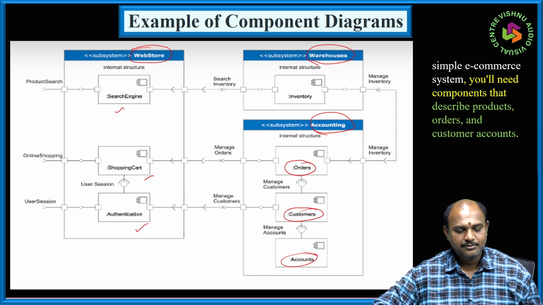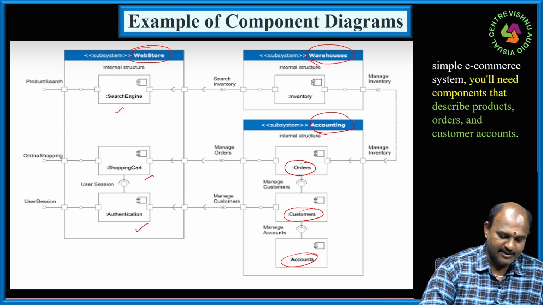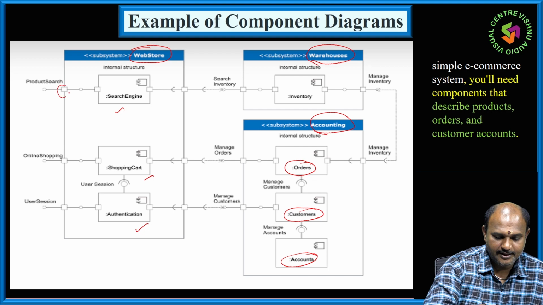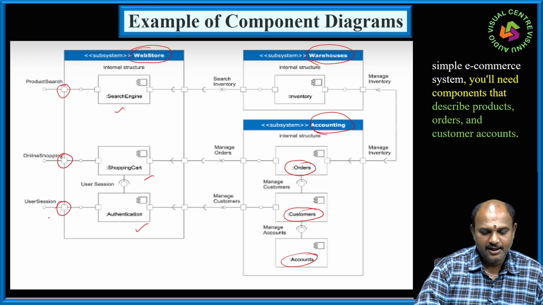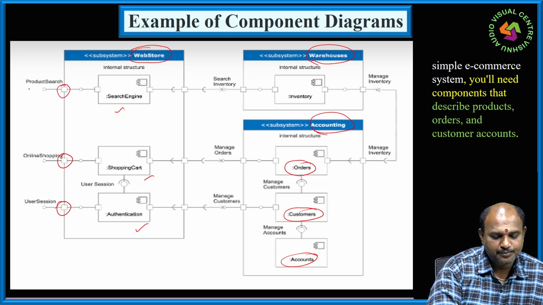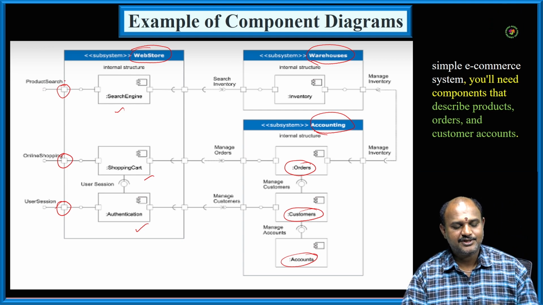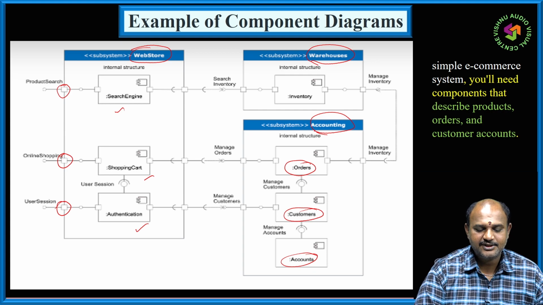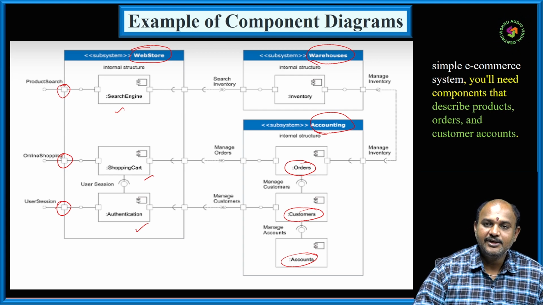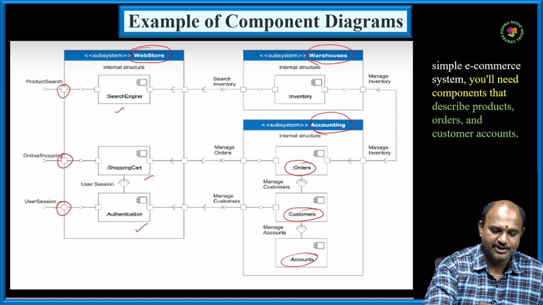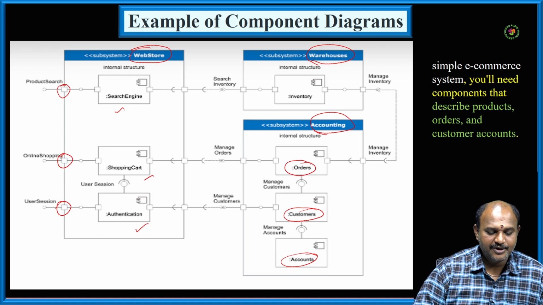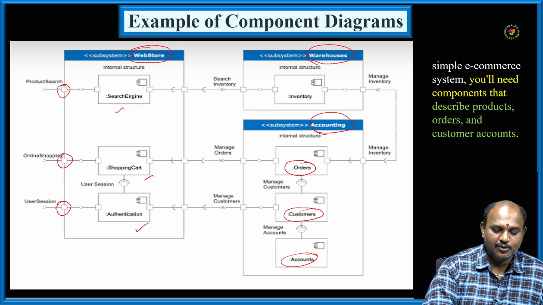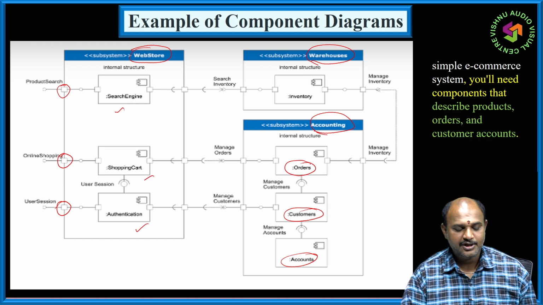Now we have some ports here, one port, another port, and another port. Now the product search: we are going to search for an element from the search engine. Similarly, for online shopping we communicate with the shopping cart through a port.